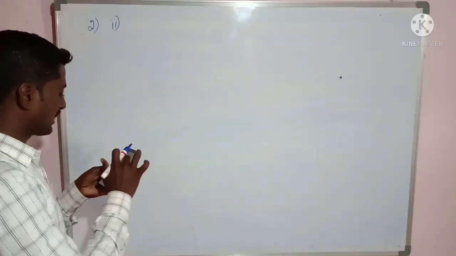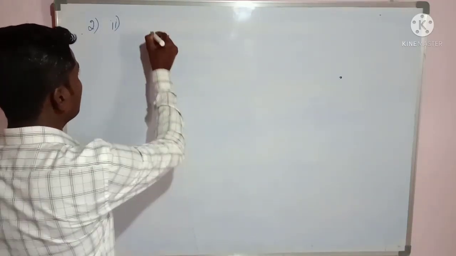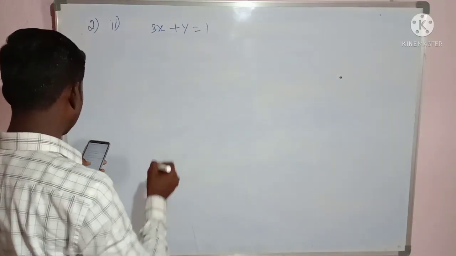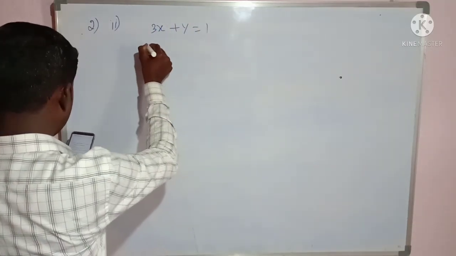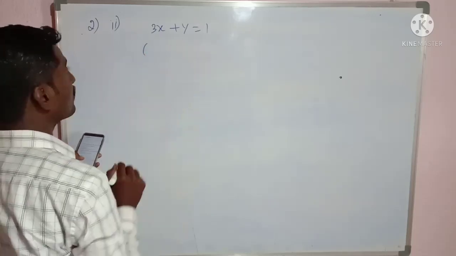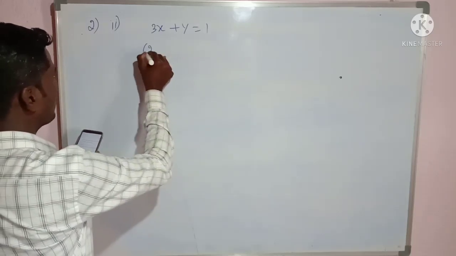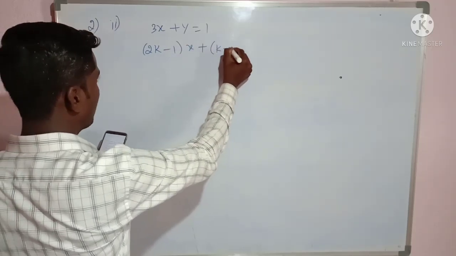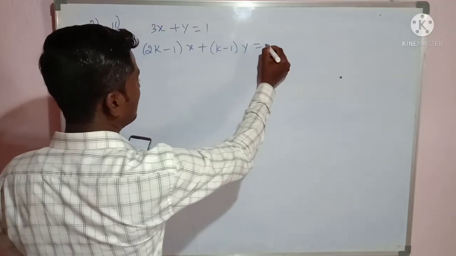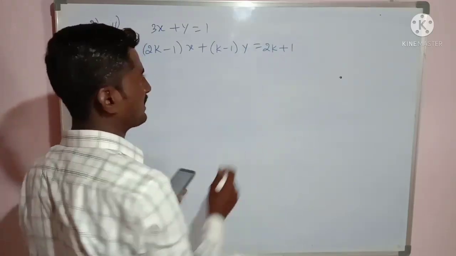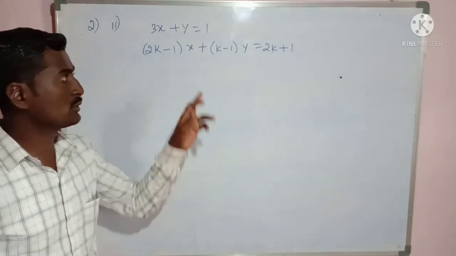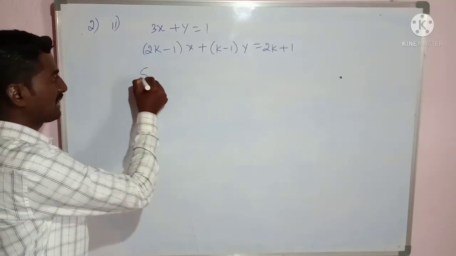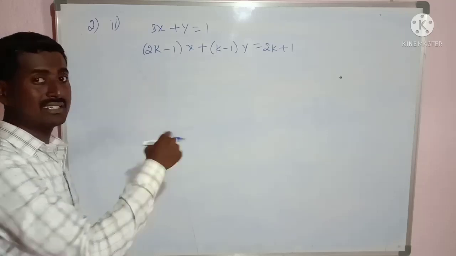Let us take the given equations first. 3x plus y is equal to 1, first equation, and second equation is 2k minus 1 x plus k minus 1 into y is equal to 2k plus 1. So these two equations have no solution. Since these equations have no solution, I can write the condition.